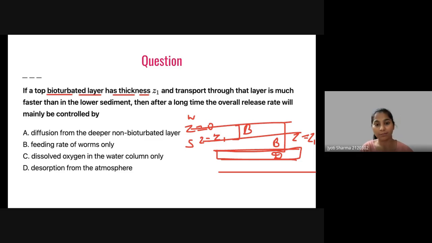So it means here the diffusion will be faster, right? Here the diffusion will be faster and here the diffusion will be slower. So after a long time, the overall release rate will be mainly controlled by which layer?